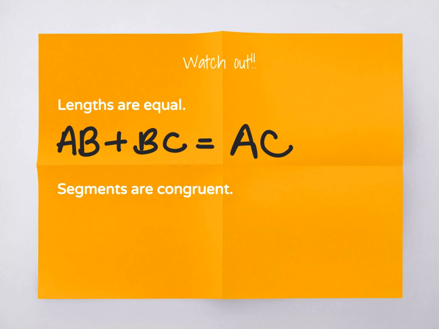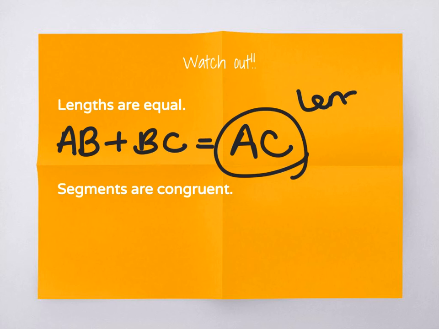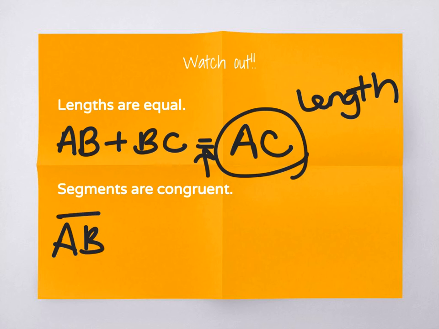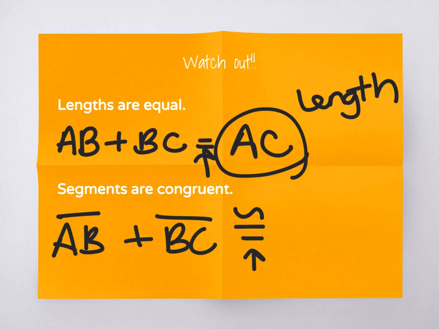Okay, so this really signifies length. And when you're talking about lengths, you want to use this equal sign. When you're talking about the figure, so when you're not talking about the length, but you're talking about the figure as just a geometric shape, that's when you want to use the congruent symbol, and then the line segment bar across the top.